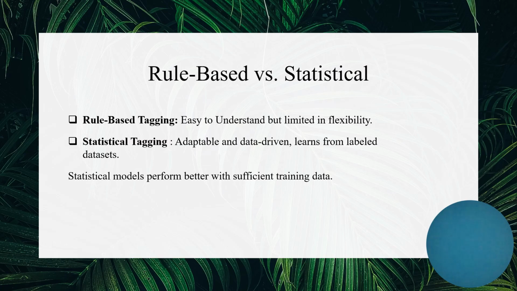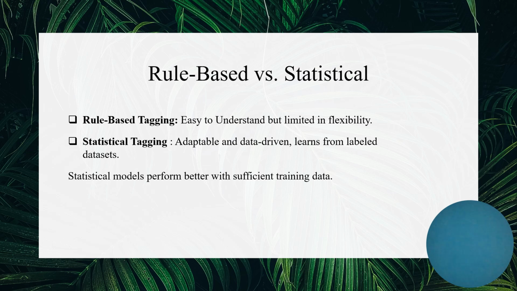Statistical tagging uses probabilistic models trained on annotated corpora. The common approaches are HMMs, which are hidden Markov models, maximum entropy models, and also CRFs, which are conditional random fields.